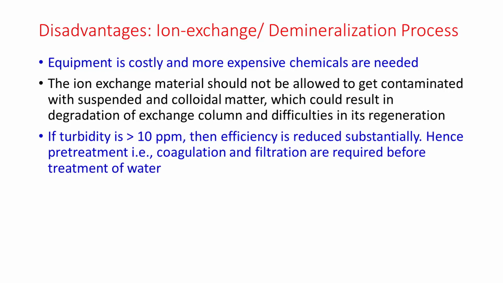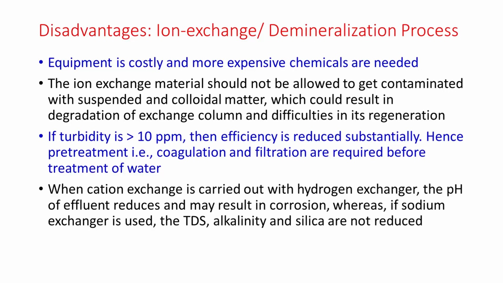If turbidity is greater than 10 ppm, then efficiency is reduced substantially. Hence, pre-treatment, that is coagulation and filtration, is required before treatment of water. When cation exchange is carried out with a hydrogen exchanger, the pH of effluent reduces and may result in corrosion, whereas if a sodium exchanger is used, the TDS, alkalinity and silica are not reduced.